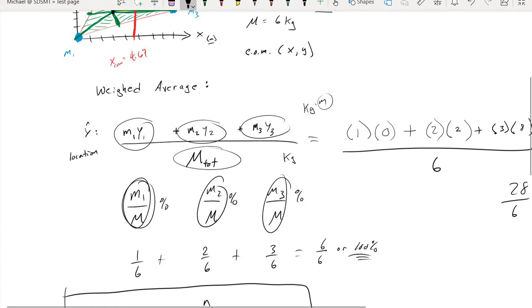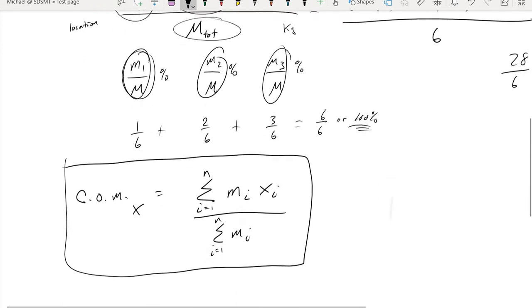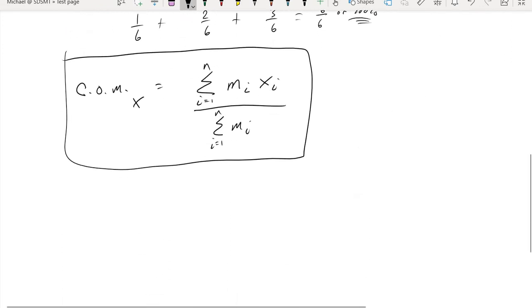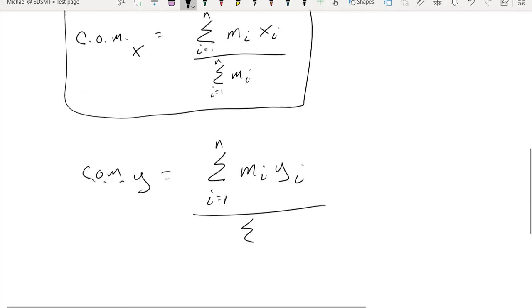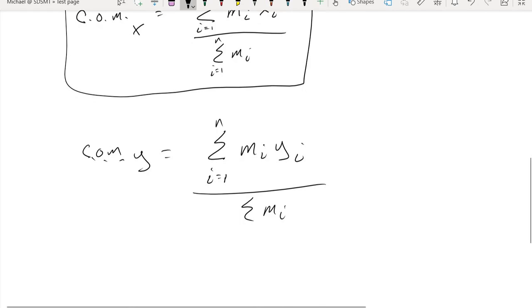We now need to look at each mass and where it is located with respect to the y-axis. And that means that our center of mass expression for the y-axis would be the sum of each individual mass times its individual position on the y-axis divided by the sum of all masses.